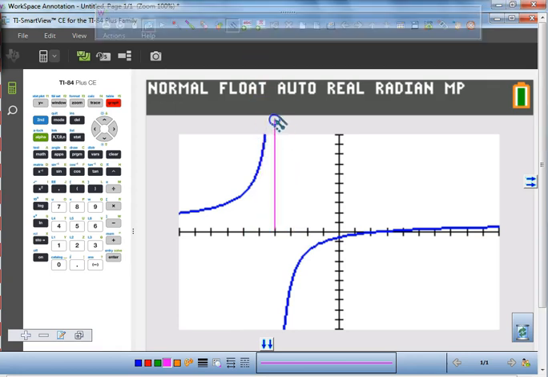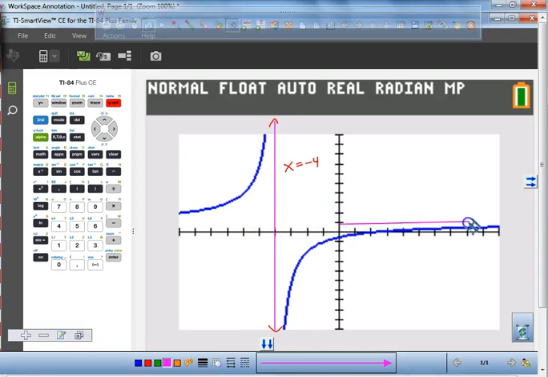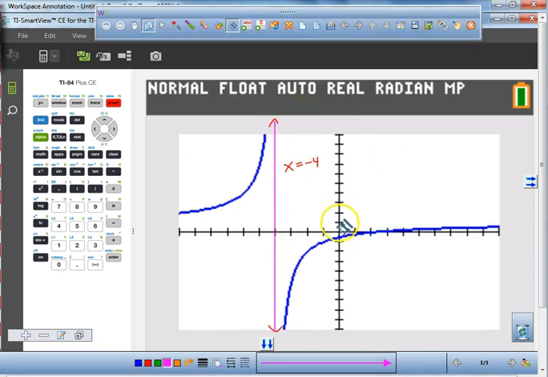So right here, at a -4, there is an asymptote right there at x equals a negative 4. They're also right here at a positive 1 on the y-axis.